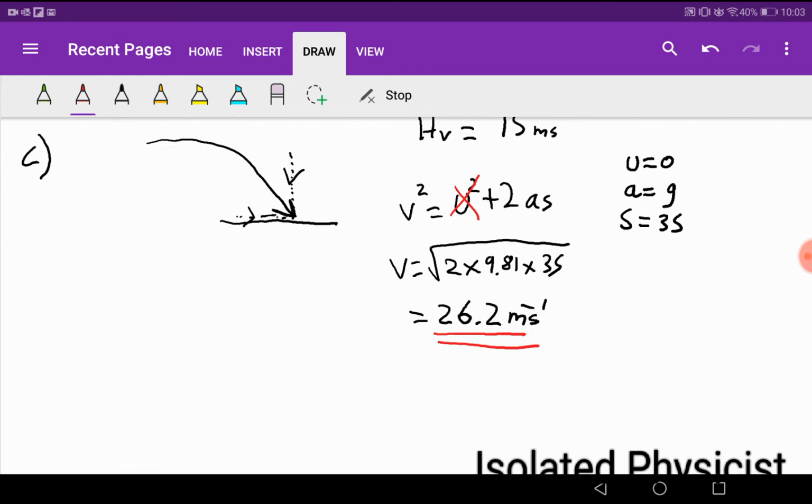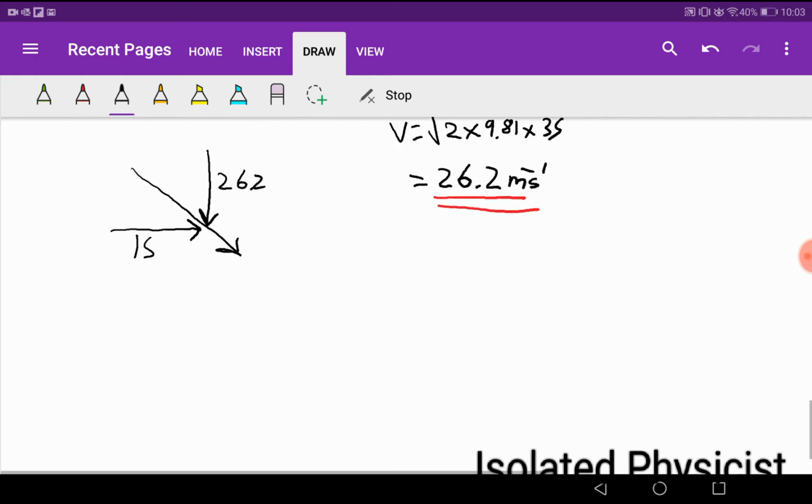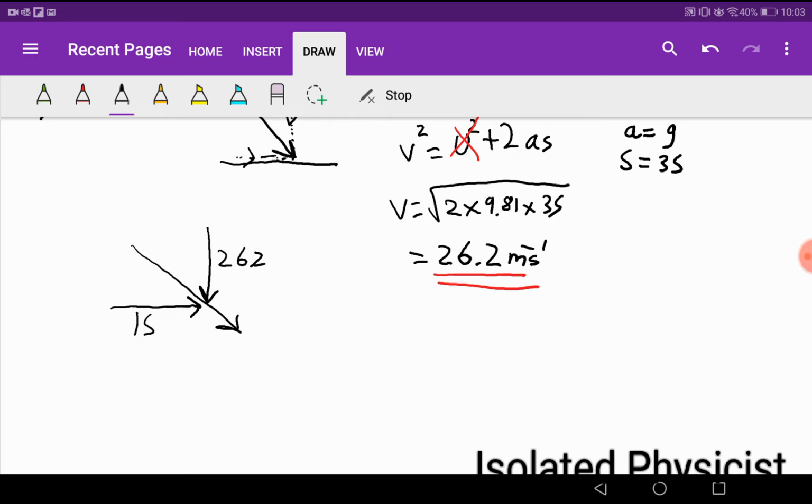So now we've got this position here where we've got 26.2, we've got 15, and we want the final velocity. Well, you know it's going to be somewhere here, like the resultant velocity. So let's do a bit of Pythagoras. If you want to, you can move this over to here, so we get a nice little triangle.